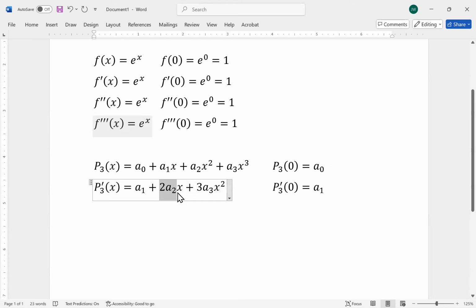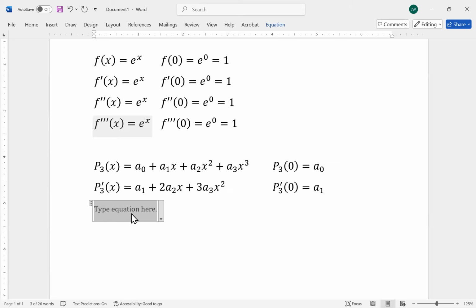Notice we're going to have some coefficients here. In the second derivative, what we would get is 2a sub 2 plus, this is going to be 3 times 2, which gives me 6a sub 3 x to the first.